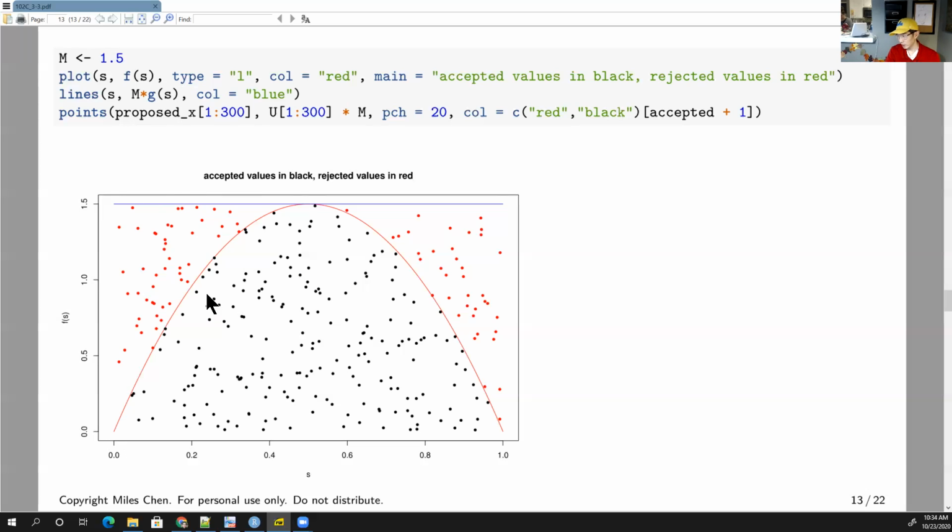So what we see is that a lot of times those u's came in a lot bigger. If u came in right here, it's not underneath f divided by m times g of x. Whereas these dots represent values where u came in under f divided by m times g of x, and so these values were accepted. This represents everything that was proposed.